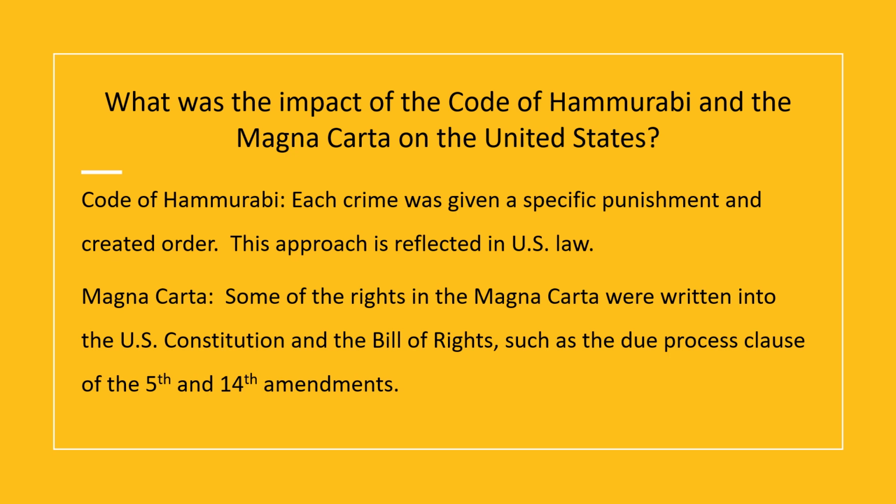So we see the Code of Hammurabi, the idea that people know in advance or can find out in advance what the punishment might be for a law that they break, but know that if they are arrested and prosecuted, the government is limited as to how it can treat them because of guarantees of due process that were reflected in the Magna Carta.